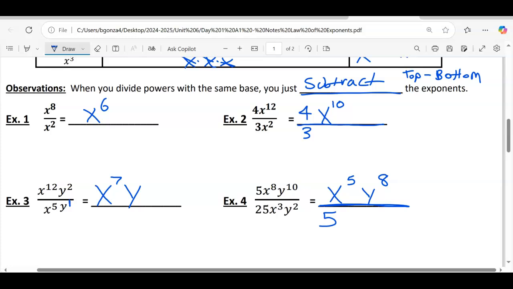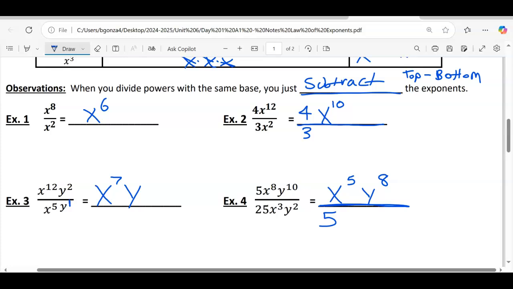Again, you've got to divide the coefficients. This reduced to 1 over 5. Usually you don't write that 1 there. It's kind of implied in front. If you write it, it's okay. Then I subtract the exponents, top minus bottom, of the same bases. Flip it over. Got 3 more little things to cover.